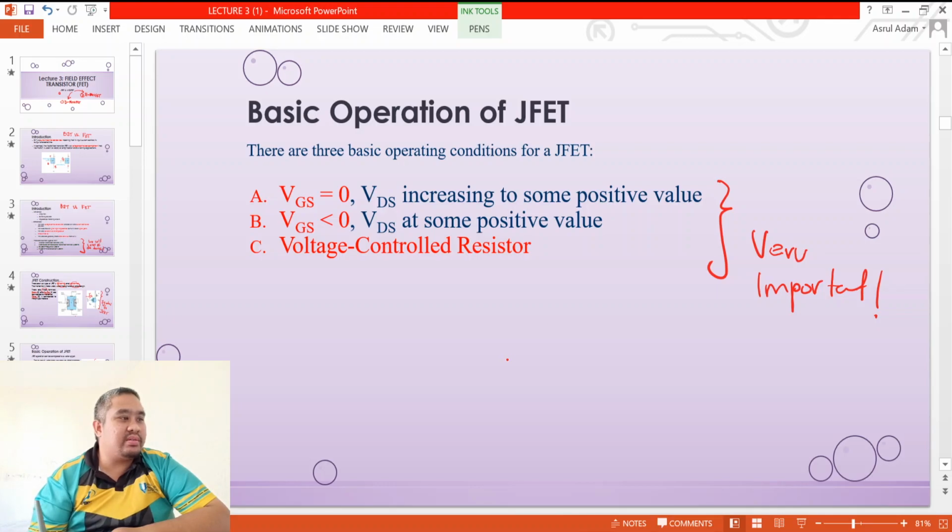Where is the VGS? Remember the symbol for the JFET: this is our drain, this is our gate, and then we have the source, right? So VGS is here, positive, minus, VGS.